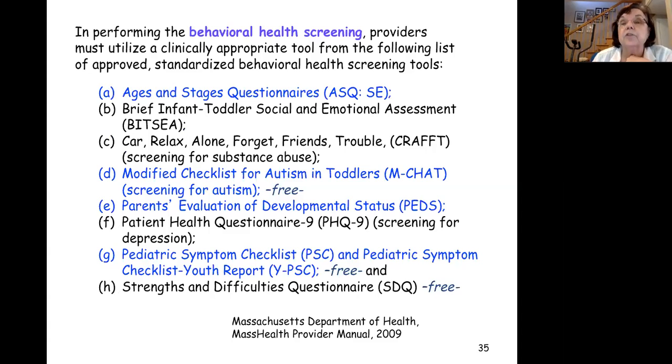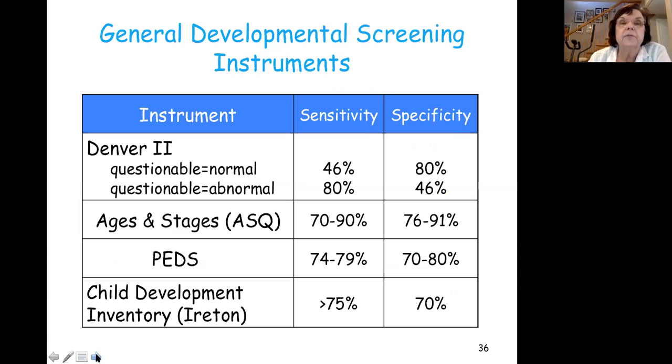The Ages and Stages Questionnaire, that's for social emotional, that's the SE there. Various others, the BITSEA, and the CRAFFT is just a way to assess teenagers. It's a format. Modified Checklist for Autism, we'll go over that. We will have gone over the Parents' Evaluation of Developmental Status, and the Pediatric Symptom Checklist, which is a valuable and useful instrument as well, and it's free.